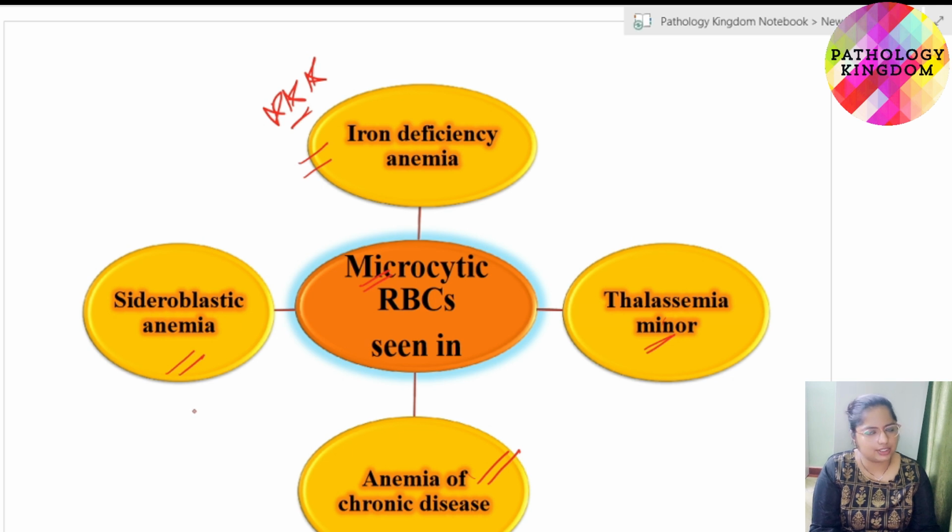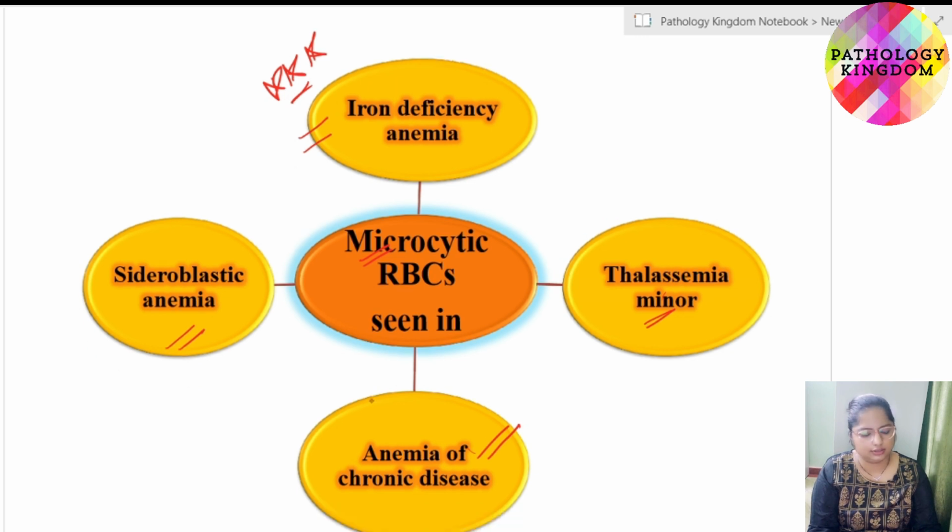These are the conditions in which you can find microcytic RBCs, that is RBCs smaller than the nucleus of lymphocytes, and the central pallor is increased as compared to normal, that is greater than 1/3.